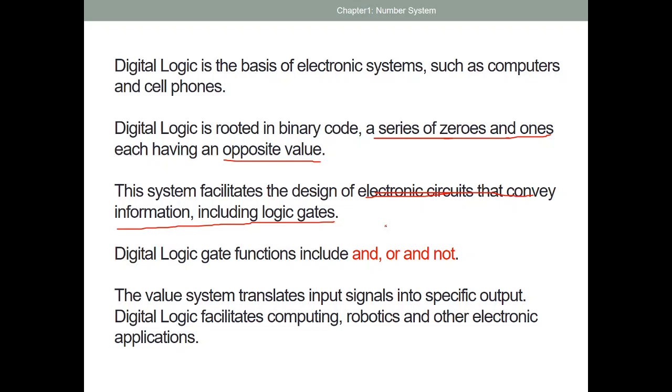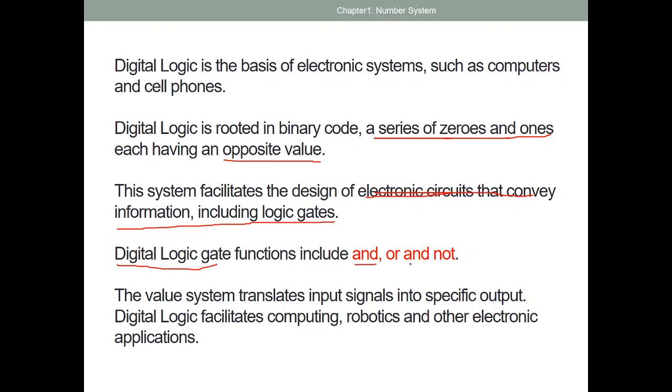For example, 5 and 6 are numbers. It is data. When I add these two numbers, it becomes useful information. How will it be added? It will be added using electronic circuits that convey information, including gates. Next, logic design gates.